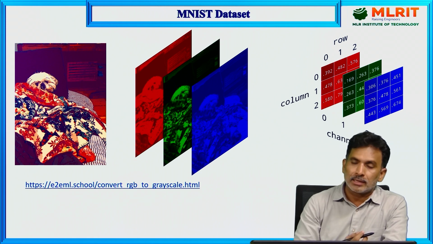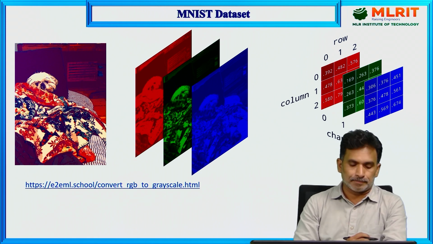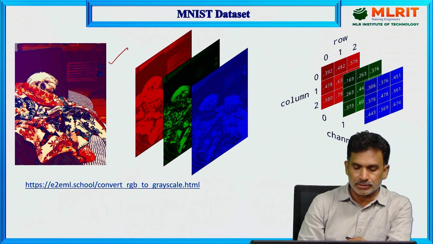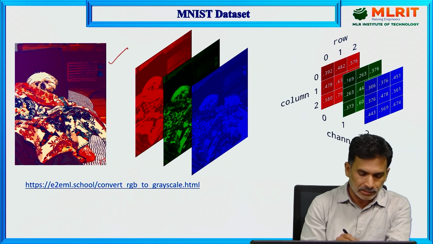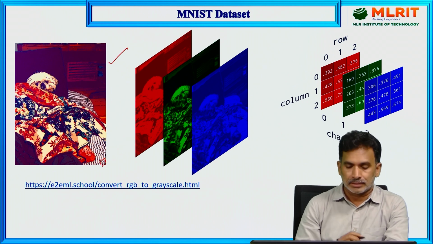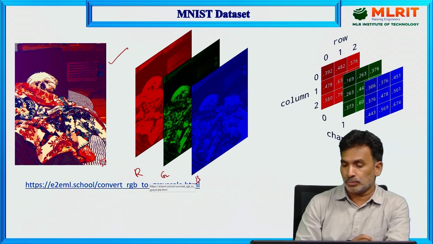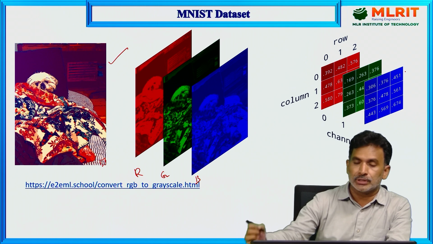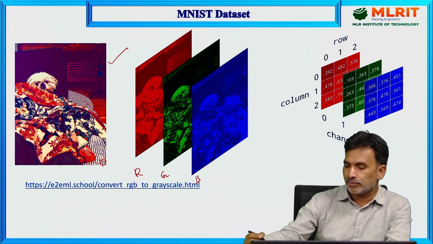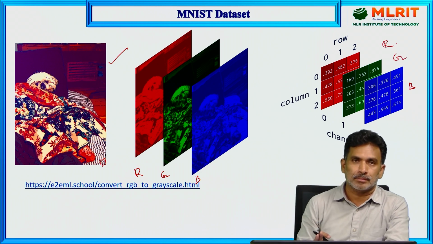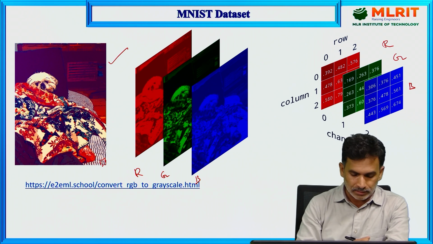If you take color images, this is an original image, and in color images each pixel value is a combination of three channels: red, green, and blue, RGB. There is a separate channel for each color, but in a grayscale image there is only one channel.